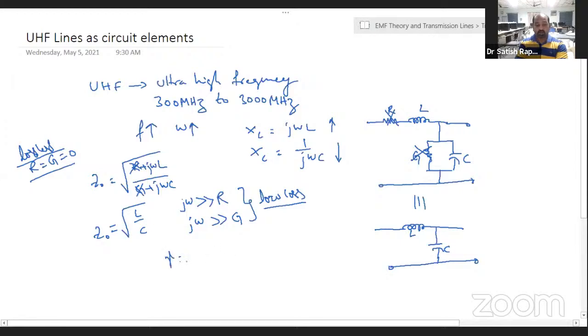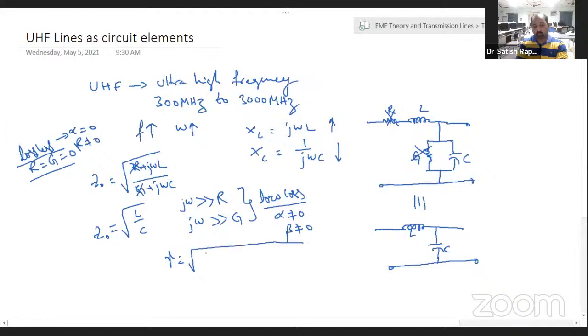But for gamma, for a lossless transmission line, alpha is 0 and beta is not equal to 0. For a low loss transmission line, alpha is not equal to 0 and beta is not equal to 0.